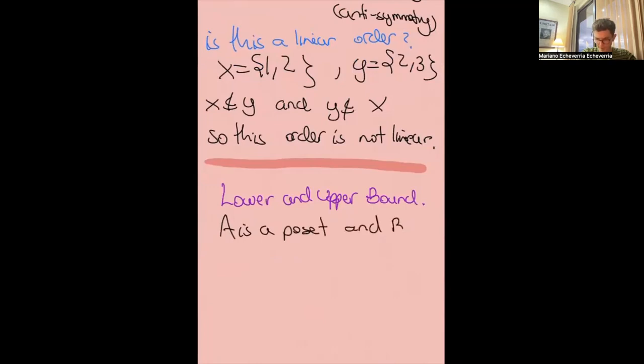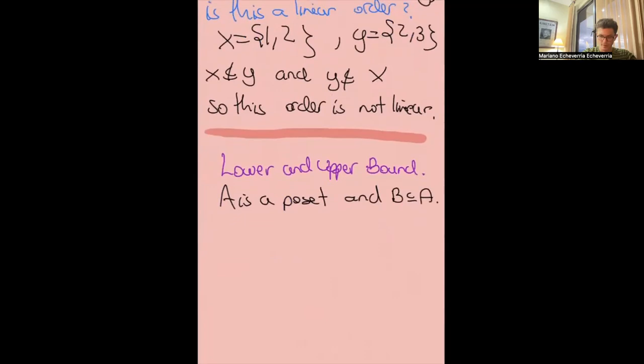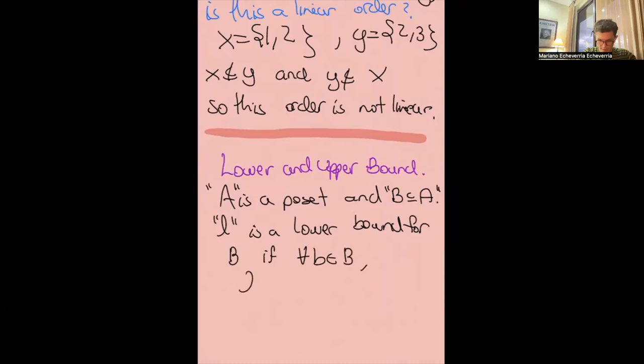Here A is a poset, and B is a subset of A. So L is a lower bound for B if for every b in B, L is related to b.